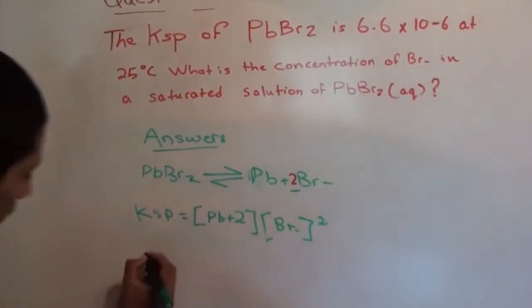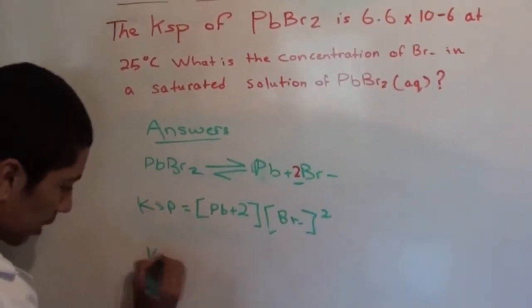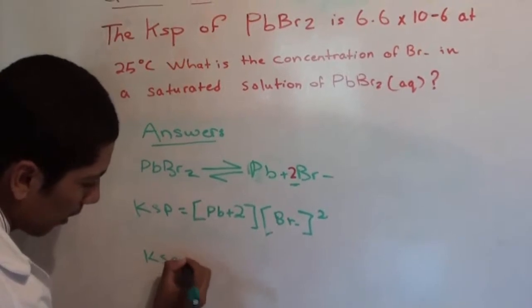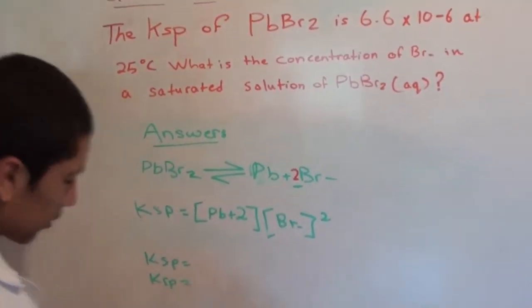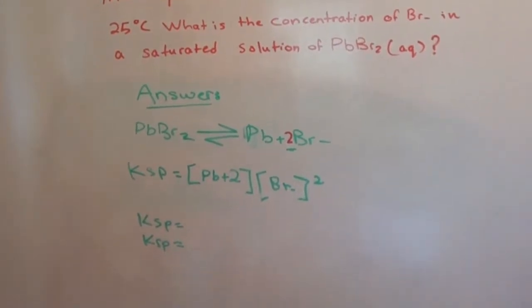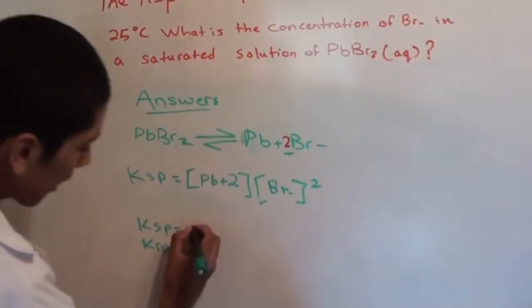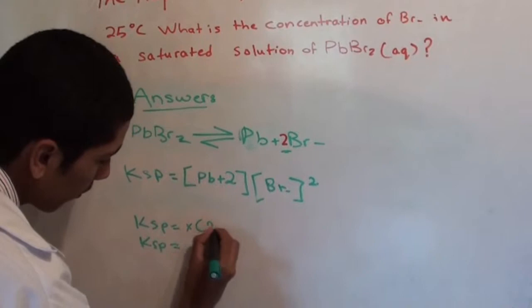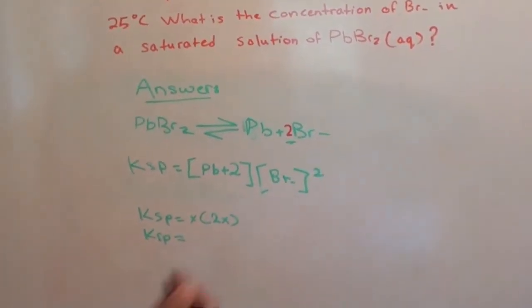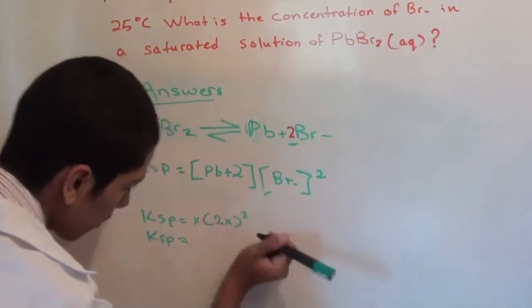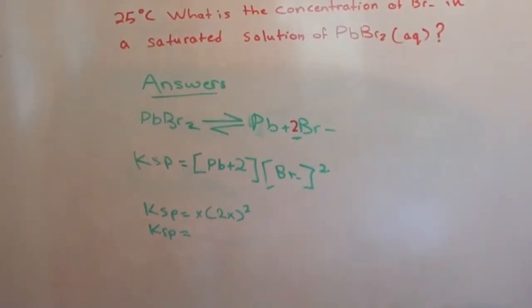So KSP equals x times (2x) all to the power of 2. Nice, we got the first one done.